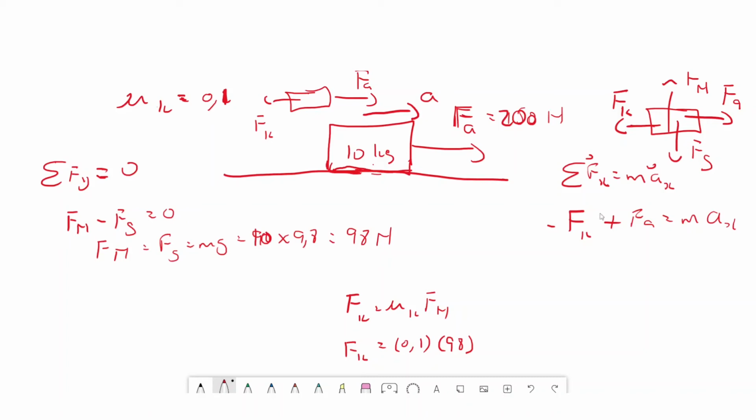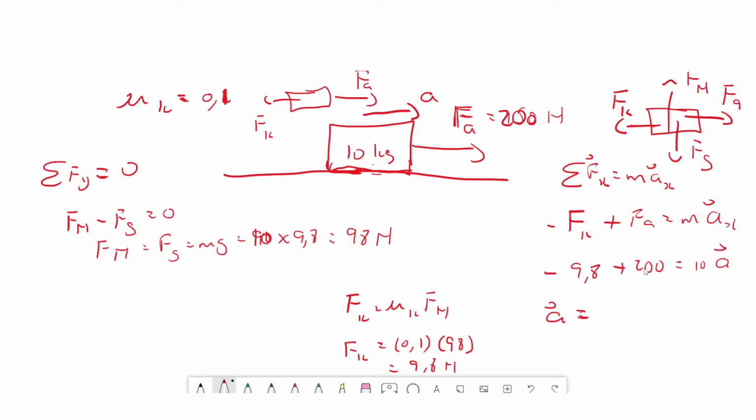So here Fk is going to be 9.8 Newton. So this is going to be minus 9.8 plus 200, and then m is 10. Then you can find the acceleration as a vector.